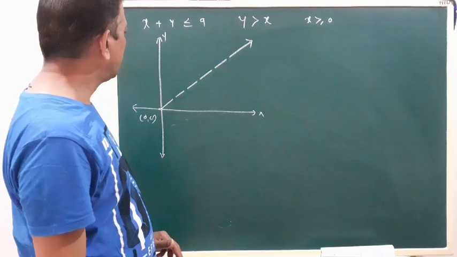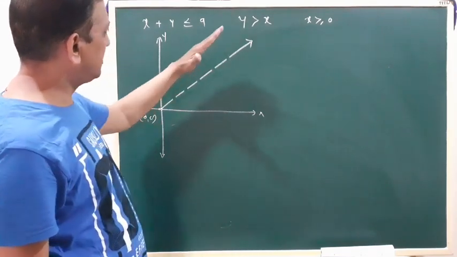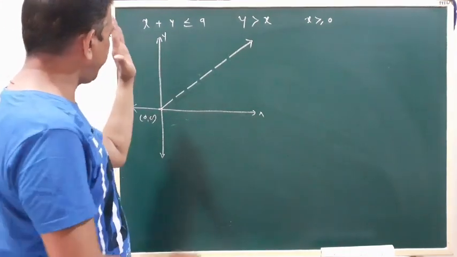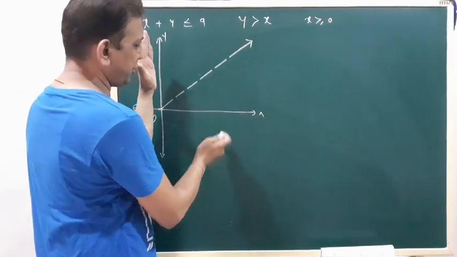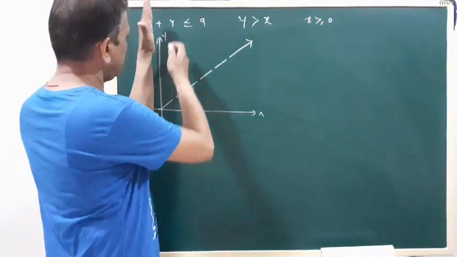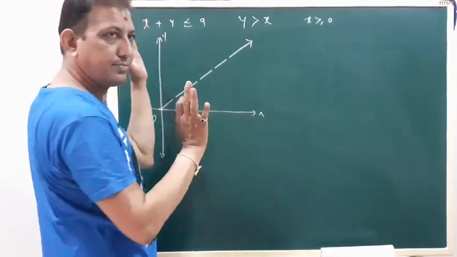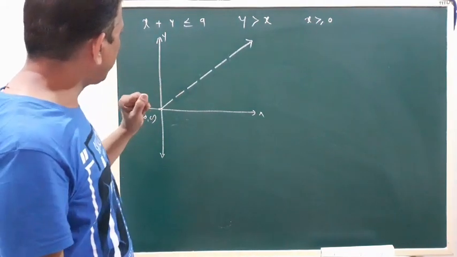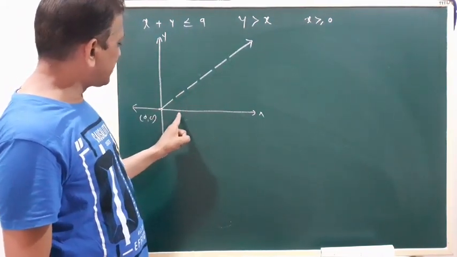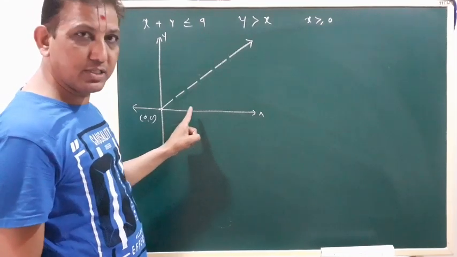Now you can decide this side or that side, because our graph is on the right side of x equal to 0, in the first and fourth quadrants. You can take this portion or this portion. Now check your point. Here 0, 0, the next points are 1, 0, 2, 0, 3, 0.